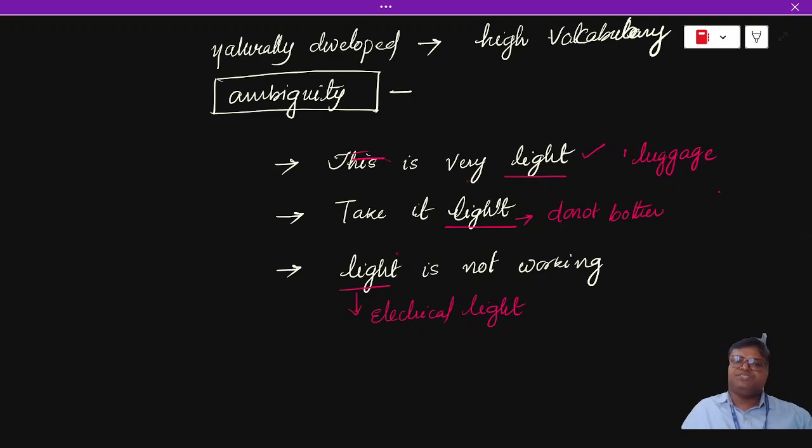This ambiguity is not a concern for human beings, because they are well versed with natural language. They know the language, so human beings can deal very effectively depending on the context. When I say this is very light with a bag, nobody will ask, where is your wire?